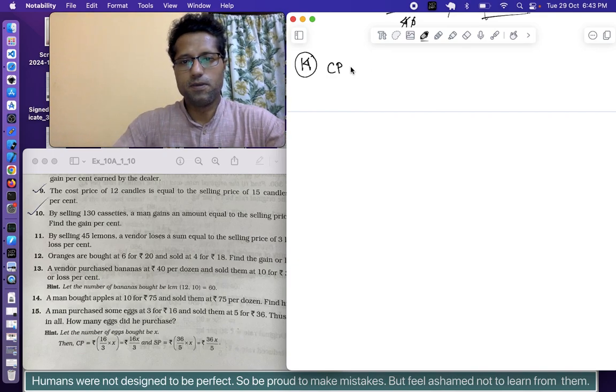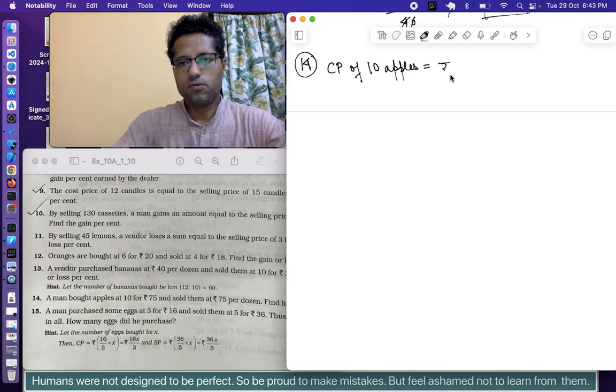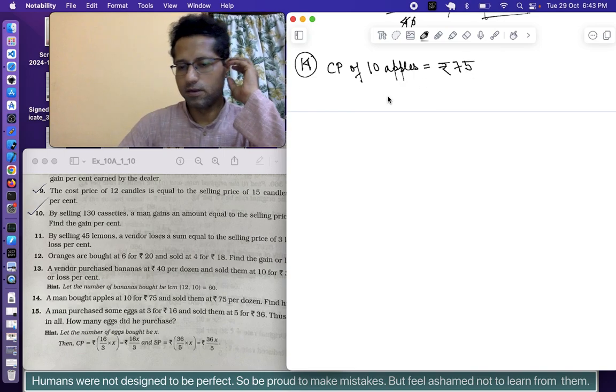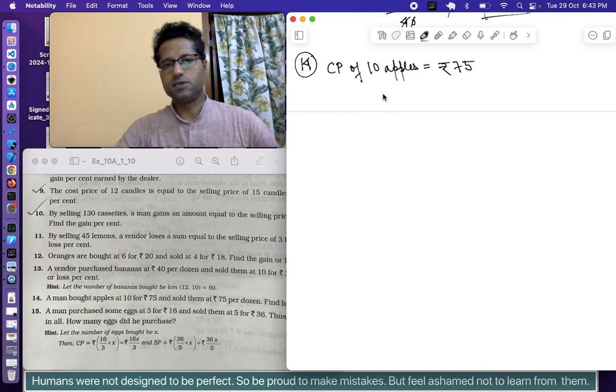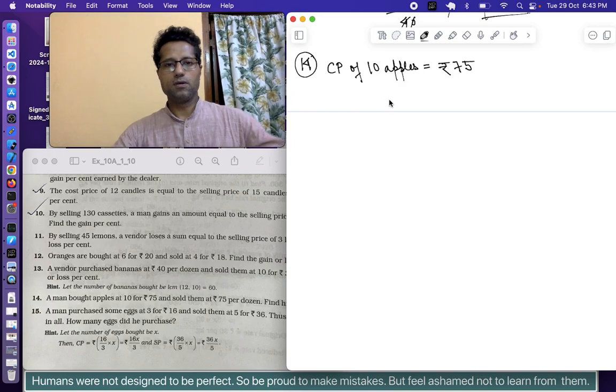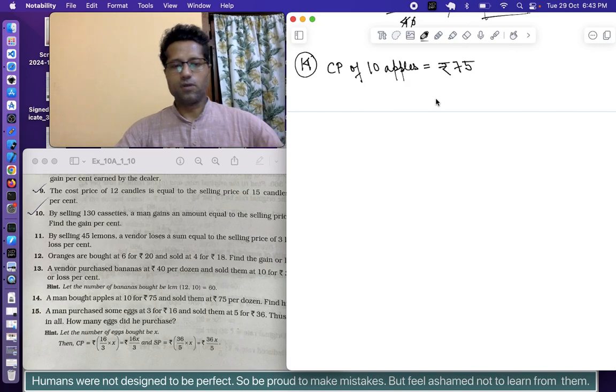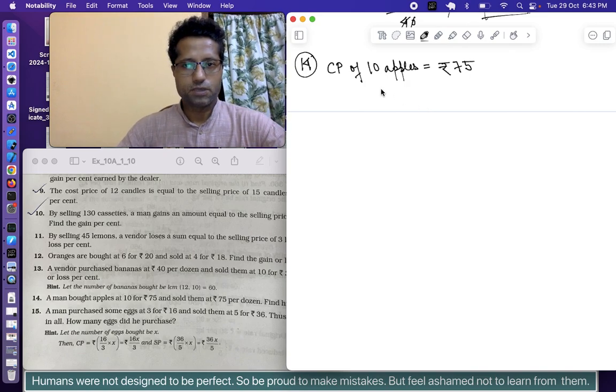75. So CP of 10 apples is given to be rupees 75. We have to take the number of apples purchased or sold the same conveniently, so that it is easy for us to do the calculation.